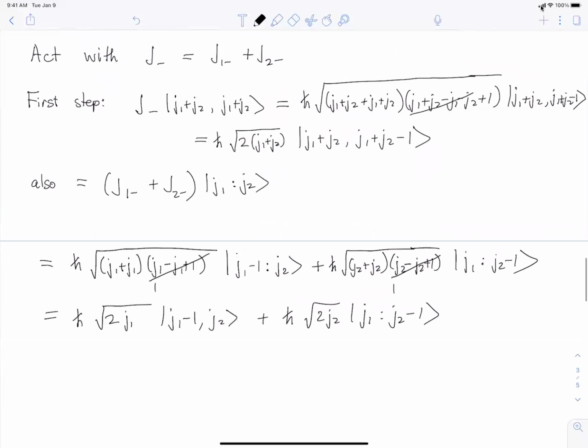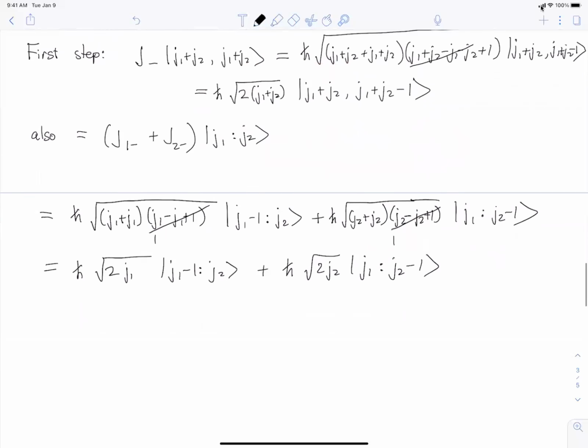Now what we are doing is setting this equal to this. One more little thing I did wrong here: this should have been a colon, because this is in the product basis. This is also in the product basis.